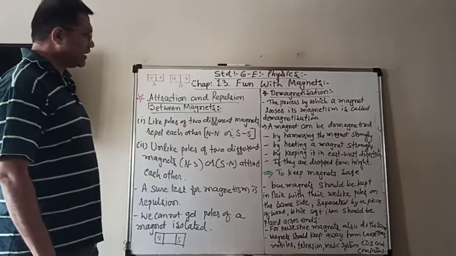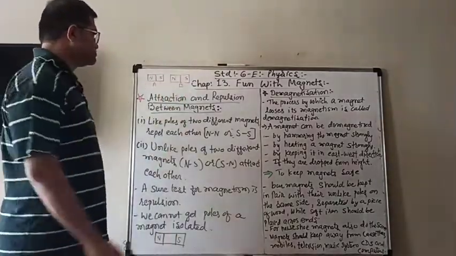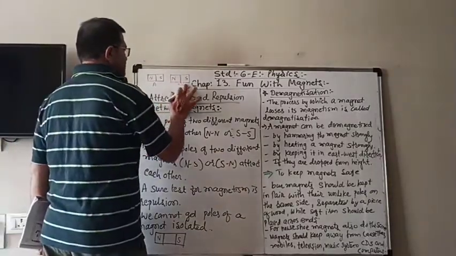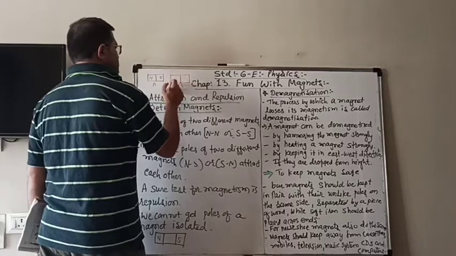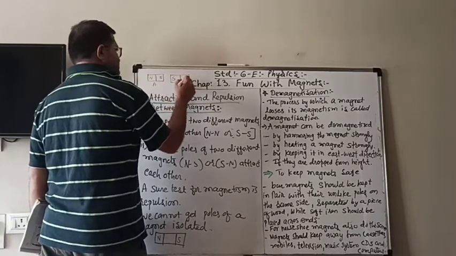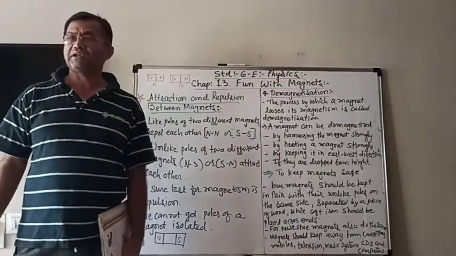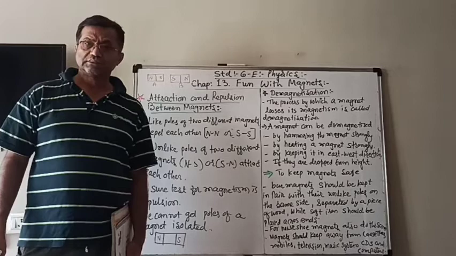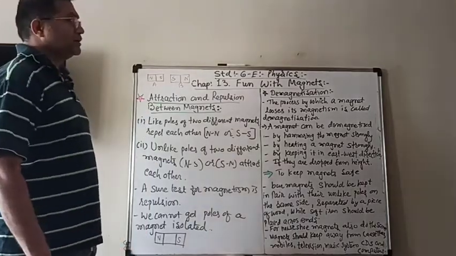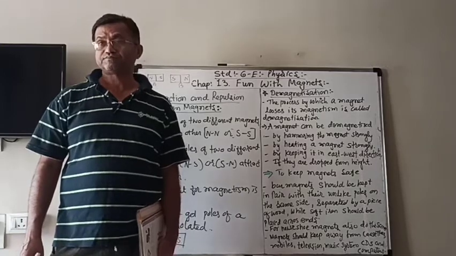Similarly, then turn around any one of them, suppose this car B, and bring S, means the same poles, like poles, come together. And observe what's going on.